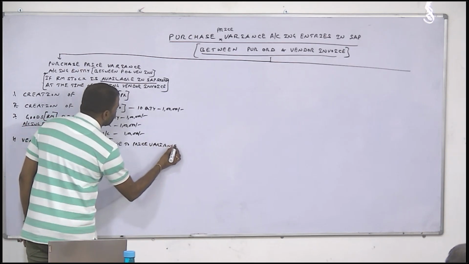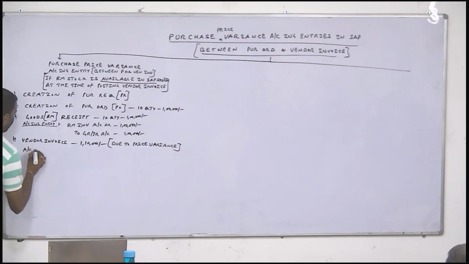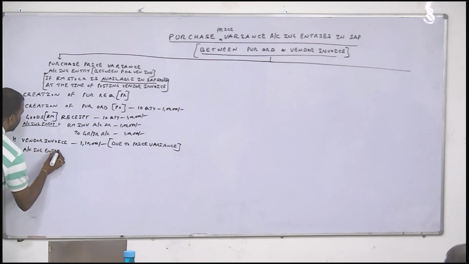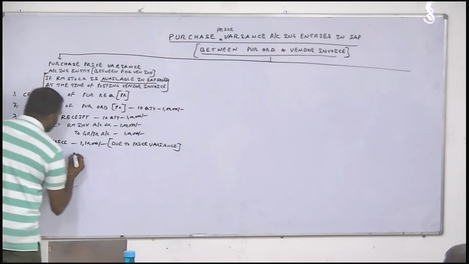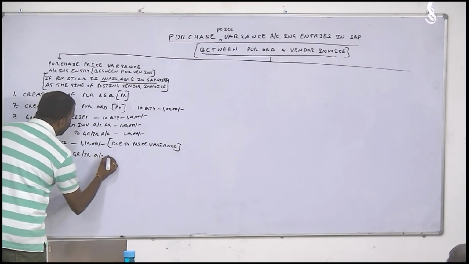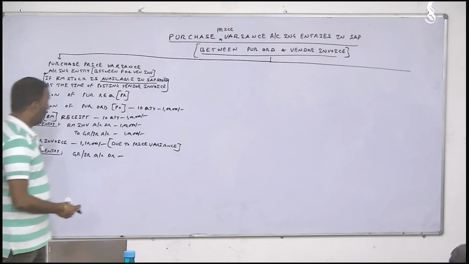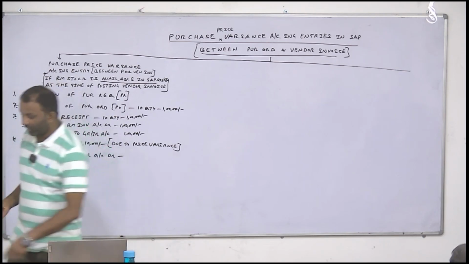Price variance. How much has he done? 1 lakh 10,000. Now, what is the accounting entry? GR IR account debit. How much amount?